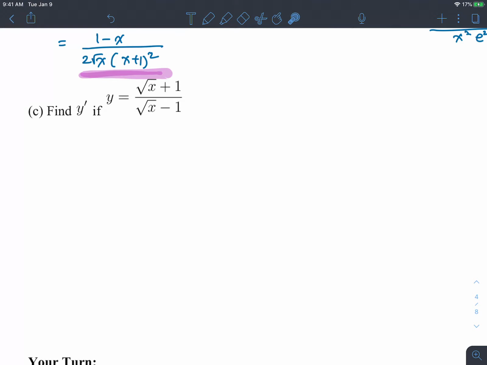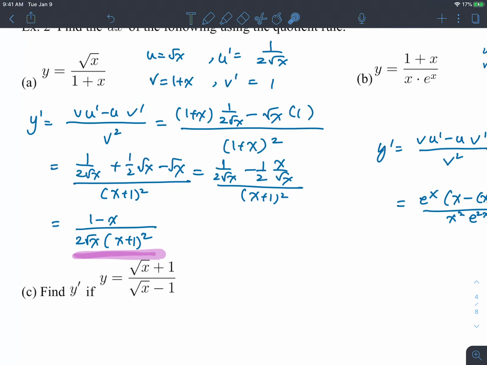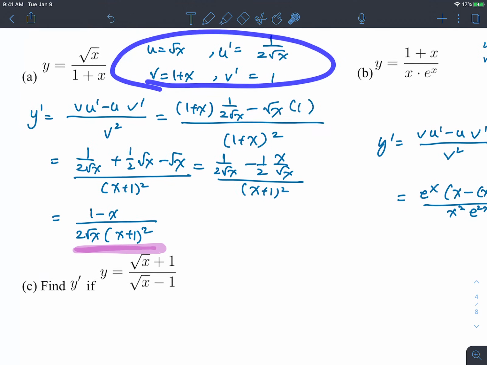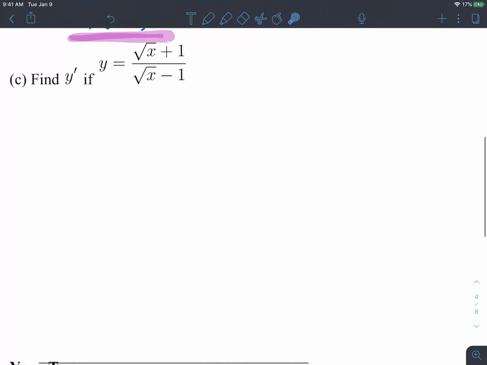Why don't I do this using the other method, where instead of working out the derivatives of the numerator and denominator separately, you do it as you go. I just want to demonstrate how you would do that.